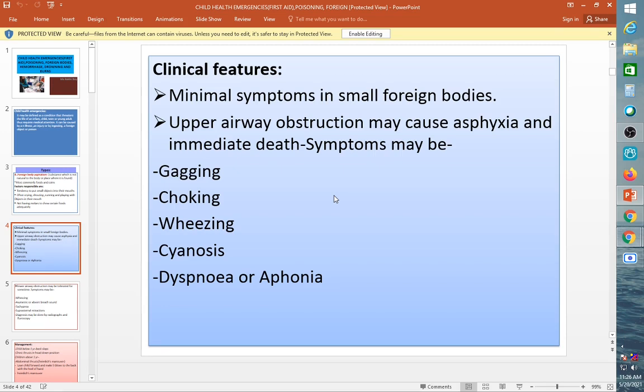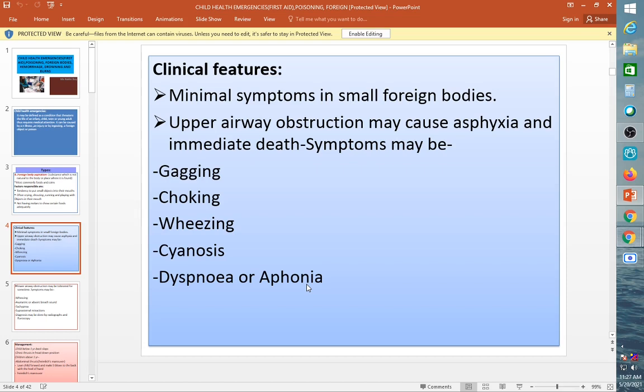So what is this? It is not apnea. This is aphonia. What is aphonia? Any idea? Anyone knows? A means absence of, no? What is phonia?